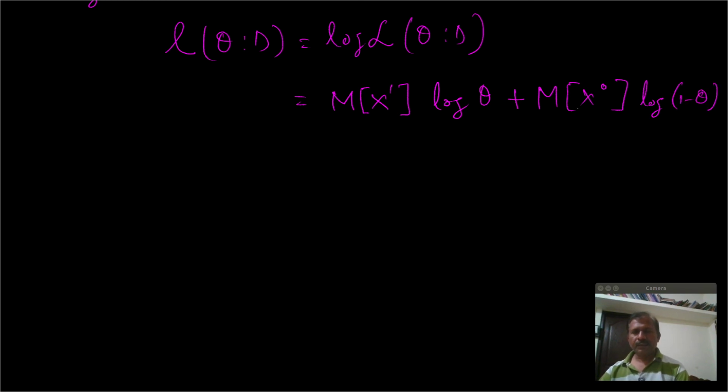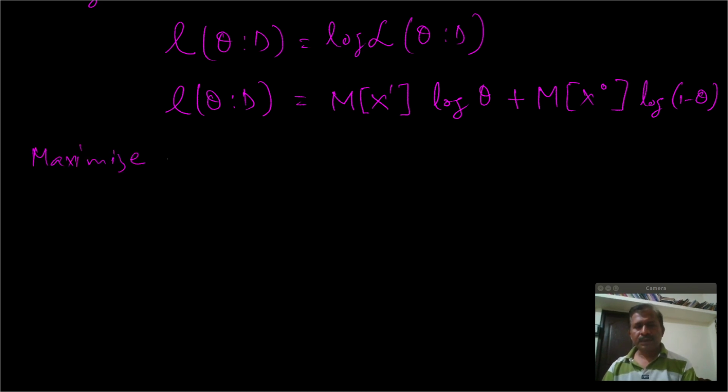So this is my log likelihood function. What is remaining in an optimization problem? We have to maximize this log likelihood function.